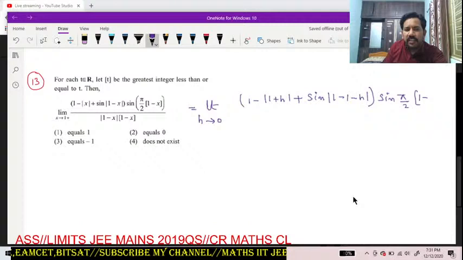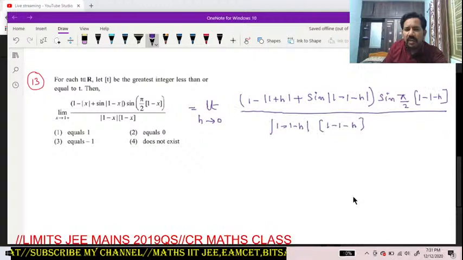In the denominator, see that, modulus 1 minus h, step 1 minus 1 minus h. So here we need to write 1 plus h now. Right. But outside minus is there, that's why we are getting minus 1 minus h.